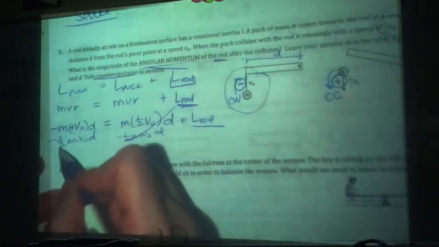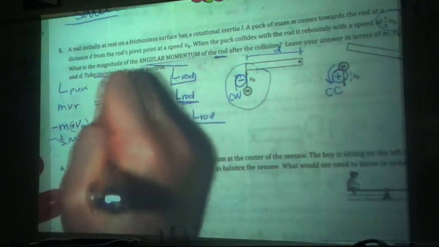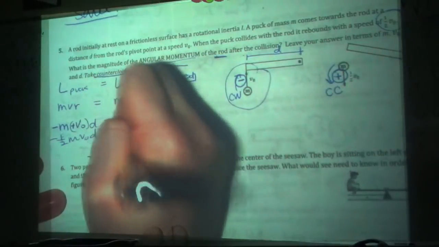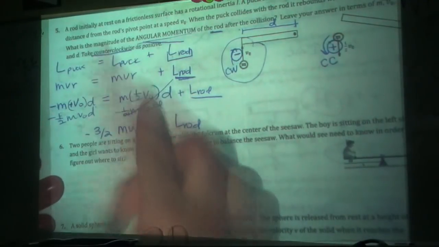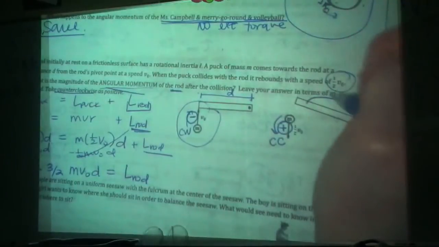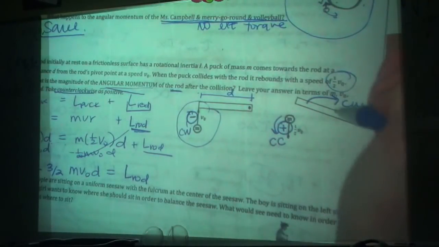So -1 minus 1/2 gives us -3/2, or -1.5. mv0d equals L of the rod. So this is the angular momentum of the rod. It just wants to know the magnitude. So this negative sign just means that the rod is going in the clockwise direction, which is the negative direction, which we already knew, but I just want the magnitude, so you can just say this is the magnitude.